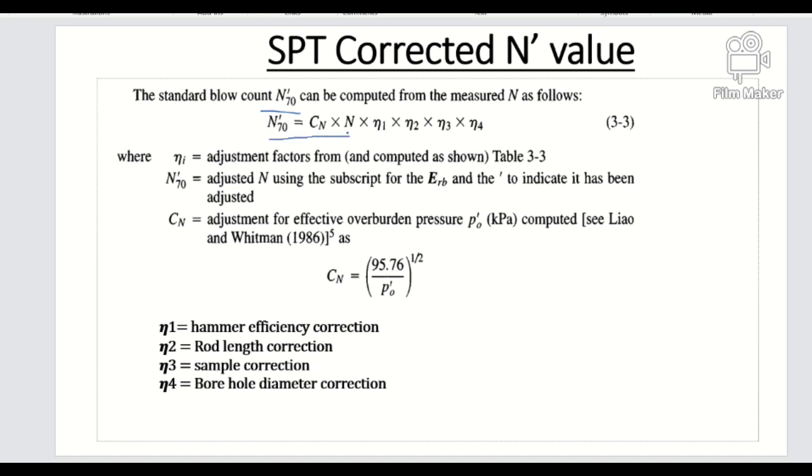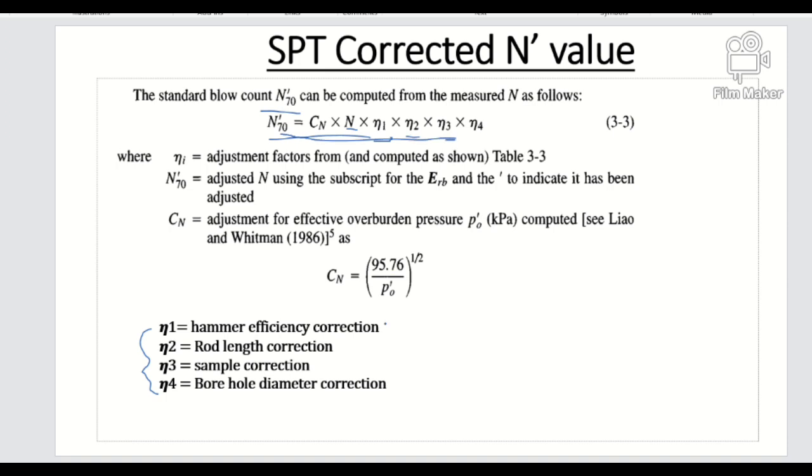The N'70 is equal to C_N into the field SPT N value, and then other corrections: η1 is the hammer efficiency correction, η2 is the rod length correction, η3 is the sampler correction, and η4 is the borehole diameter correction. If these four corrections vary, then this N'70 value will vary.